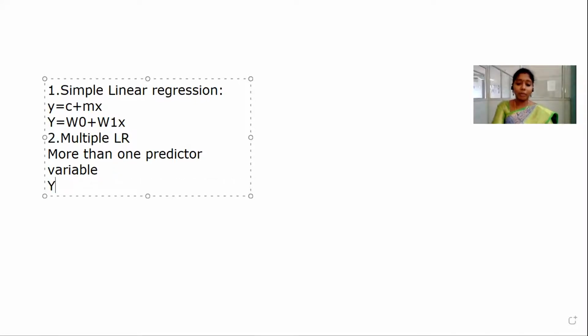Then the same linear equation can be extended. W naught plus W1 x, this we know up to now, is for one predictor variable.